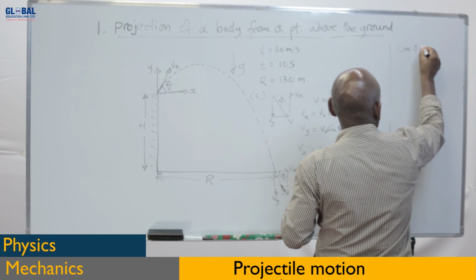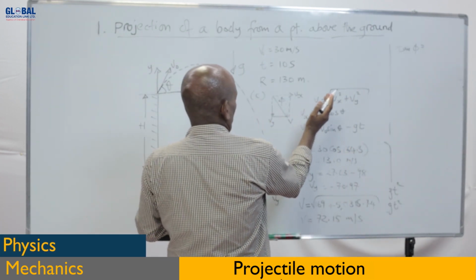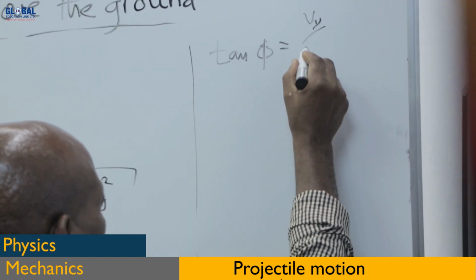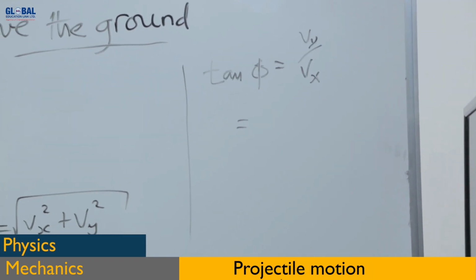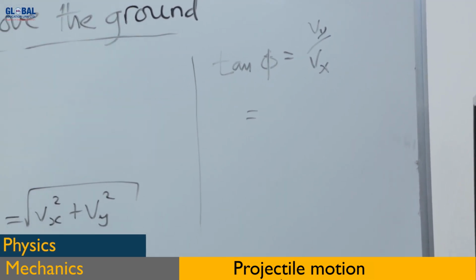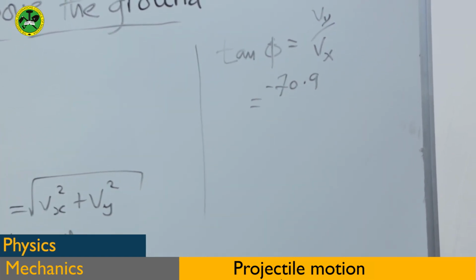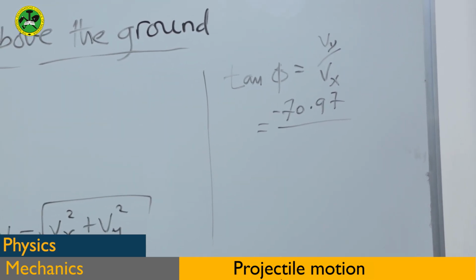That is tan of the angle theta, which will be equal to opposite over adjacent. That is Vy over Vx. The Vy had been obtained, which is negative 70.97, over Vx, which is 13.